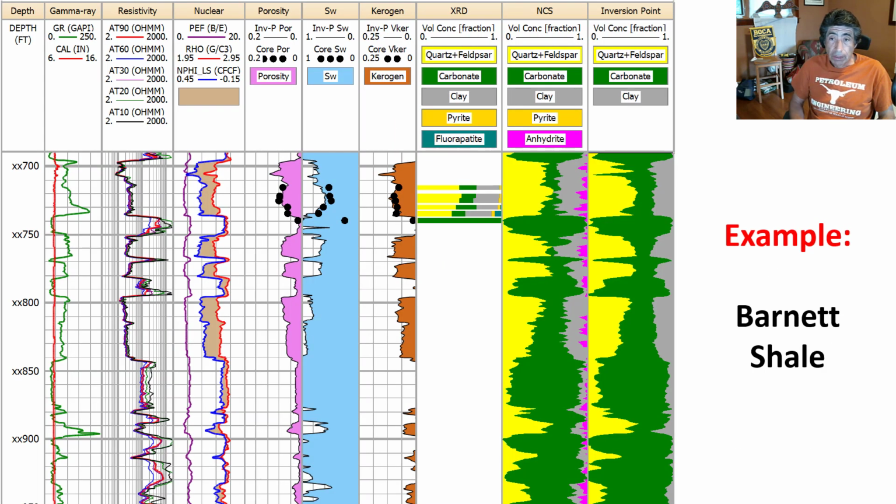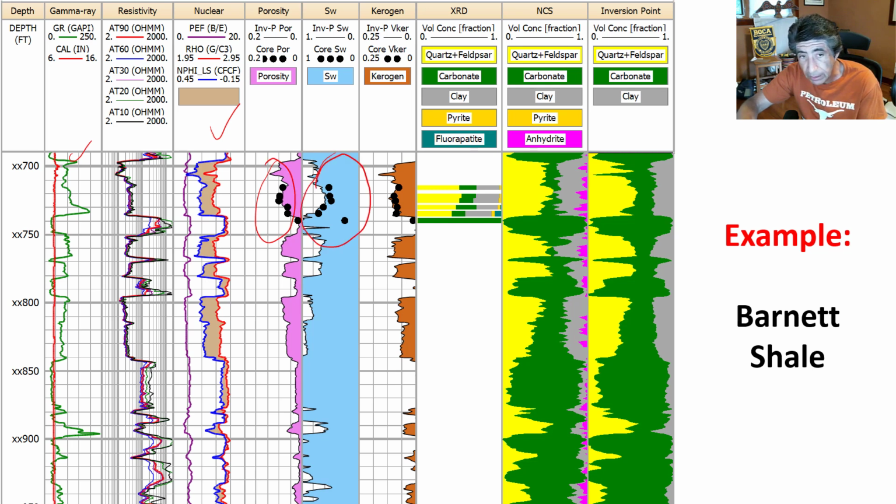Here's another example, also the Barnett Shale, in which we have various well logs: gamma ray, resistivity, density, neutron, photoelectric factor. Then we have porosity and core porosity. We have also water saturation and core water saturation, and the presence of kerogen, the volumetric concentration.